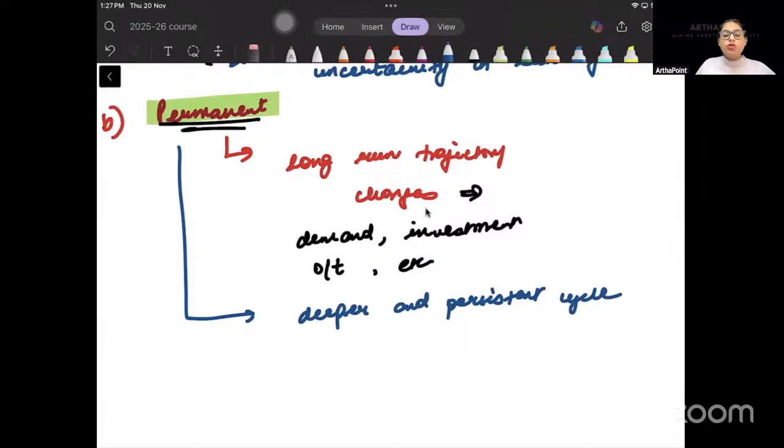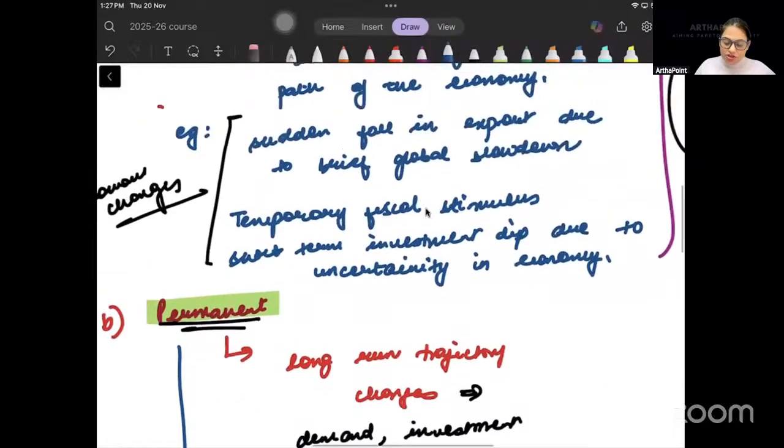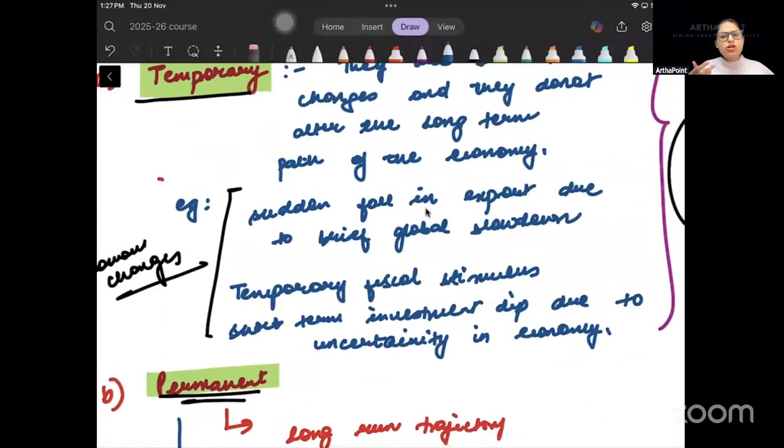These not only lead to cyclical movement, but they actually change the structure of the economy. Just like during LPG policies, it was a permanent shock, right? We moved all the way from government companies towards the privatized sector. So it was a structural shift altogether, right?